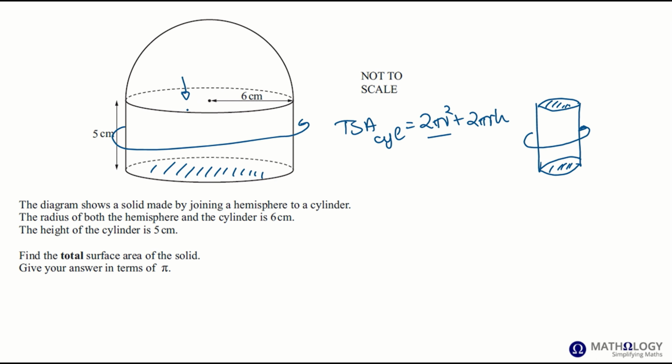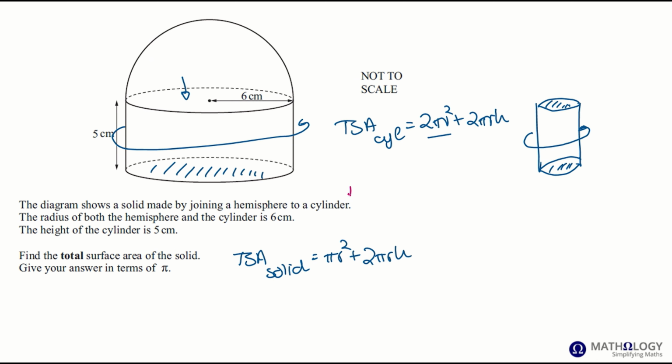So the total surface area of the solid will have one less circular face, so it'll be pi r squared, but we are going to be painting the curved section, which is 2 pi rh. Okay, so that is the part of the solid that comes from the cylinder.